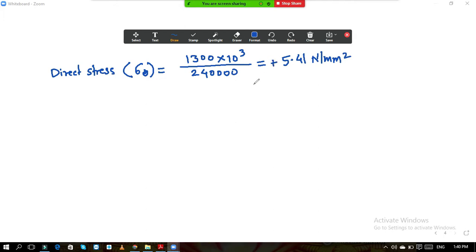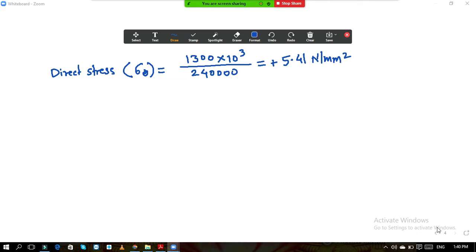This value is always plus. As I have told you in the last lecture, direct stress is always plus.